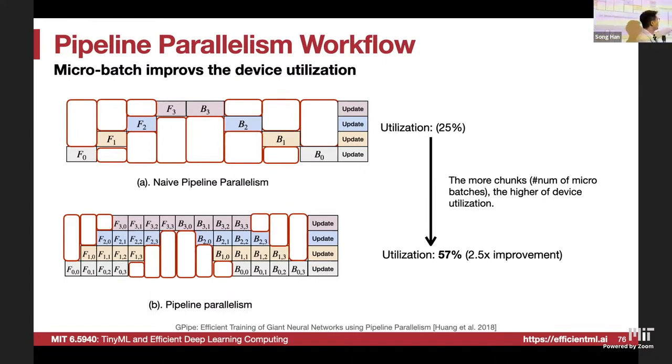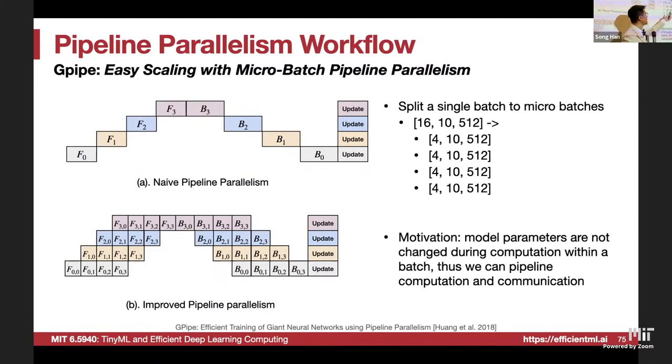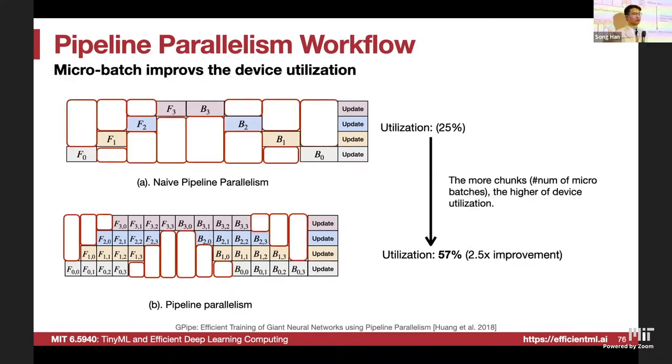Okay, so the more chunks you have, the chunk means the number of micro batches. In this case, micro batch reduced from 16 to 4. The more micro batches you have, actually the higher the utilization. But what is the bad thing about it?